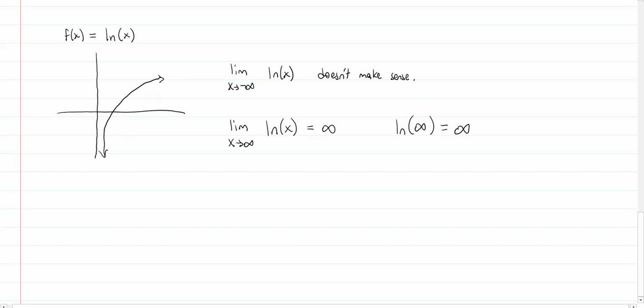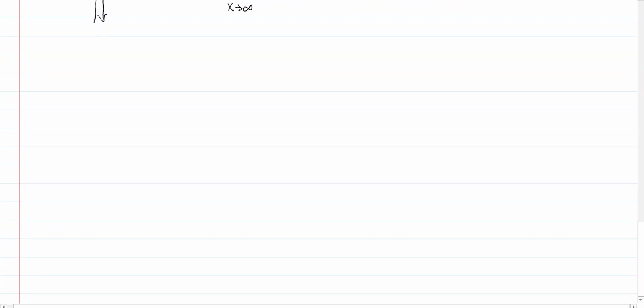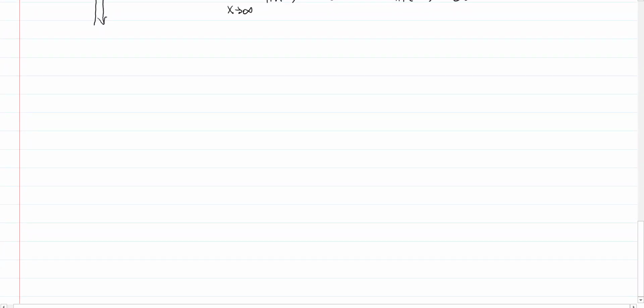All right. I'm not going to cover all of the functions that we commonly use, but I'm going to look at just one more, which is the function f of x equals the arctangent of x.